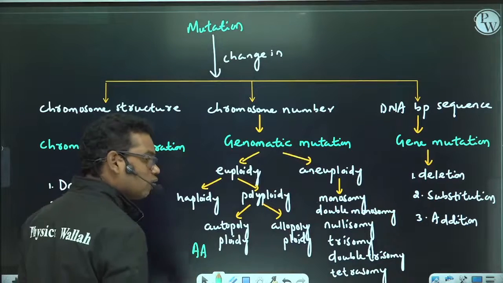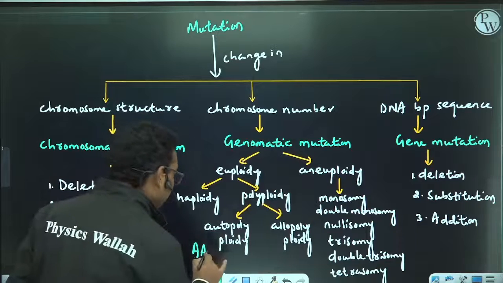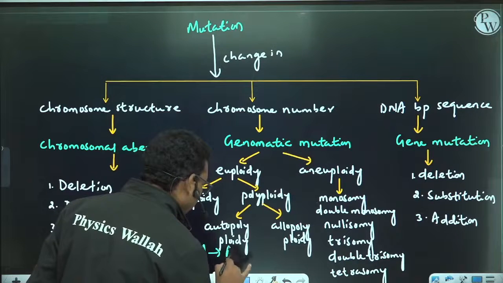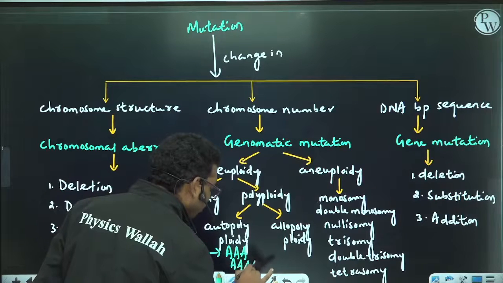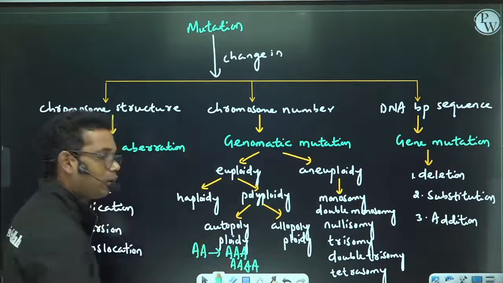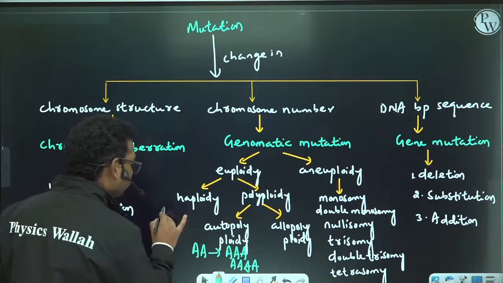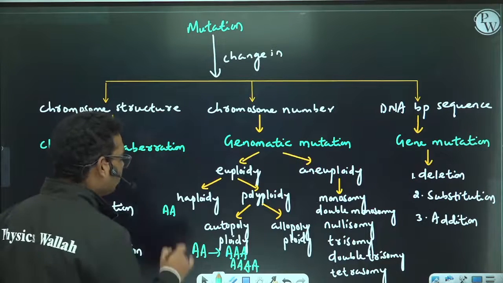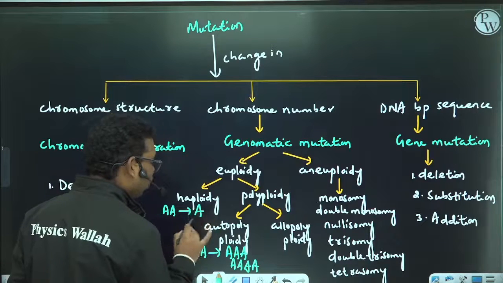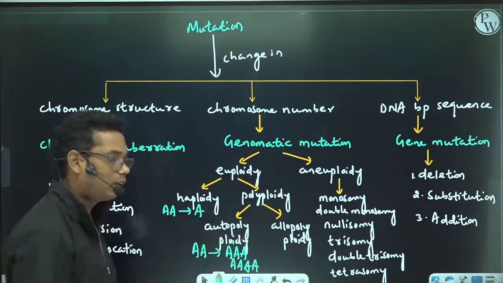Here A is genome. So if AA becomes AAA or 4 times A or 5 times A, this is an example of autopolyploidy. If A is genome, and I write AA, that means diploid, and if it becomes A, that means haploid, this is an example of haploidy.